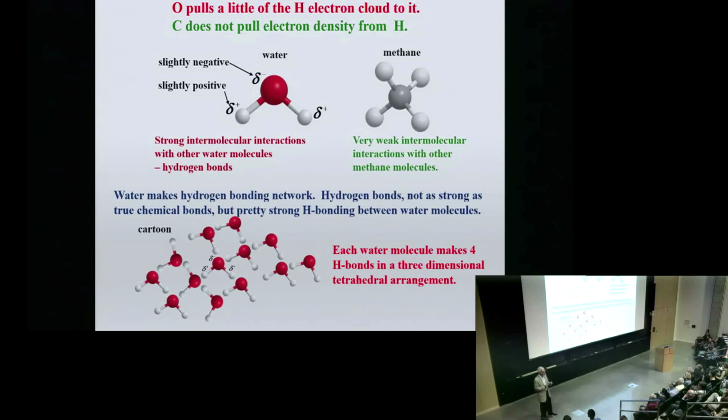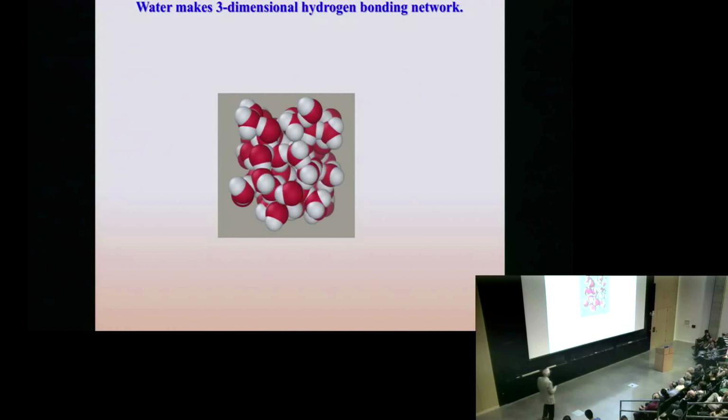These are quite strong. They're not as strong as a true chemical bond, which is important because it allows water molecules to move around, but they're very strong compared to the type of interactions you have among methane molecules. Here's a better look at what a cluster of water molecules would really look like now in 3 dimensions. And what you see is the water molecules making hydrogen bonds.